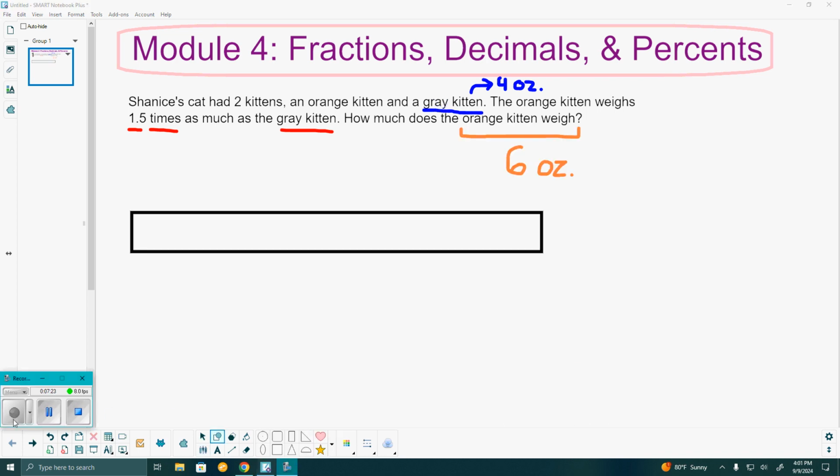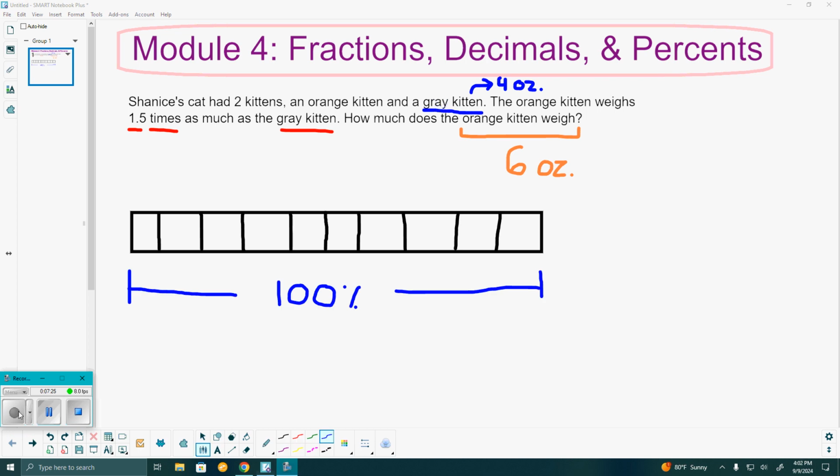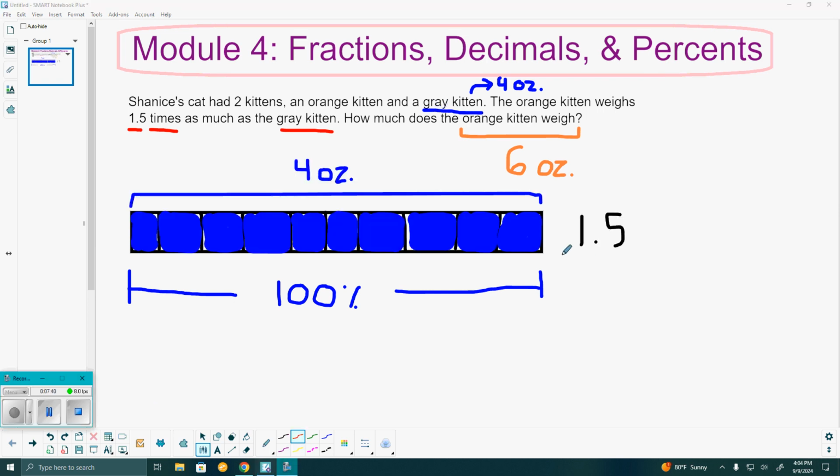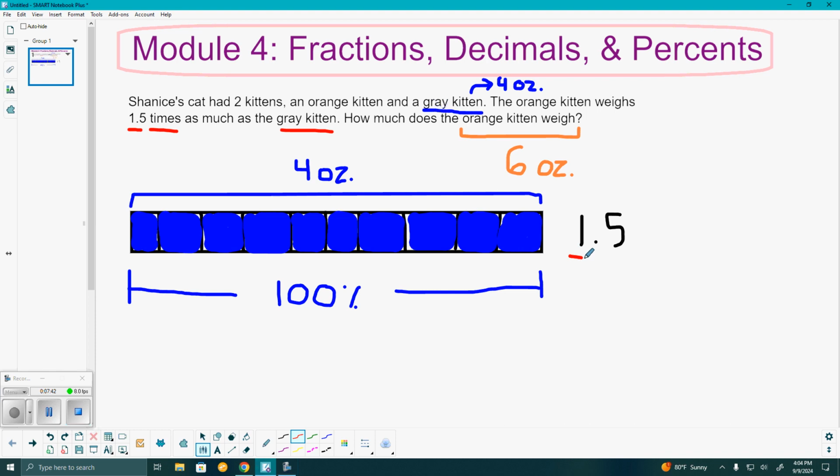Now let's look at why this makes sense using some pictures. Now let's say that this bar right here, this tape diagram, represents the gray kitten. 100% of the gray kitten's weight is 4 ounces. Now this whole bar representing 4 ounces, or 100%, is only the one of the 1.5.